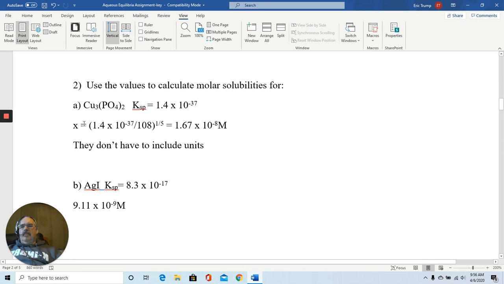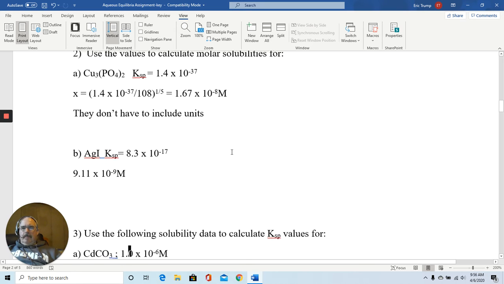And the KSP would be 3x quantity cubed times 2x quantity squared. If we combine those terms, that's 108 times x to the 5th. Solving for x, we would take the KSP divided by 108 first, and then we take the 5th root of that. So that's 1.67 times 10 to the minus 8th.